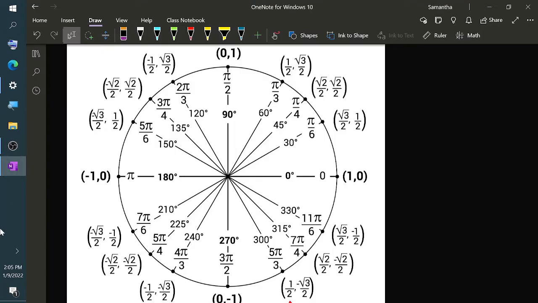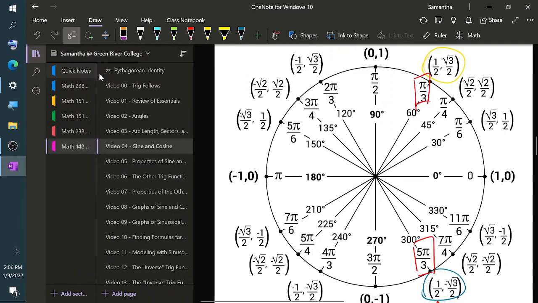Now looking at this reference image, there are actually two different locations on the unit circle that have an x-coordinate of positive 1/2. The first one is located up here, x equals 1/2, and the second one is located down here in quadrant 4, x equals 1/2. So based on the definition of arc cosine, what do you think my final answer should be? Should I answer with the angle pi over 3, or should I answer with the angle 5 pi over 3?